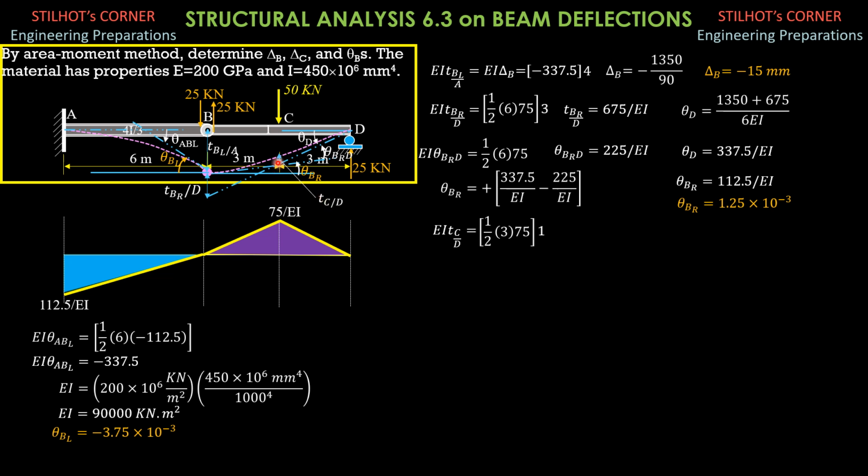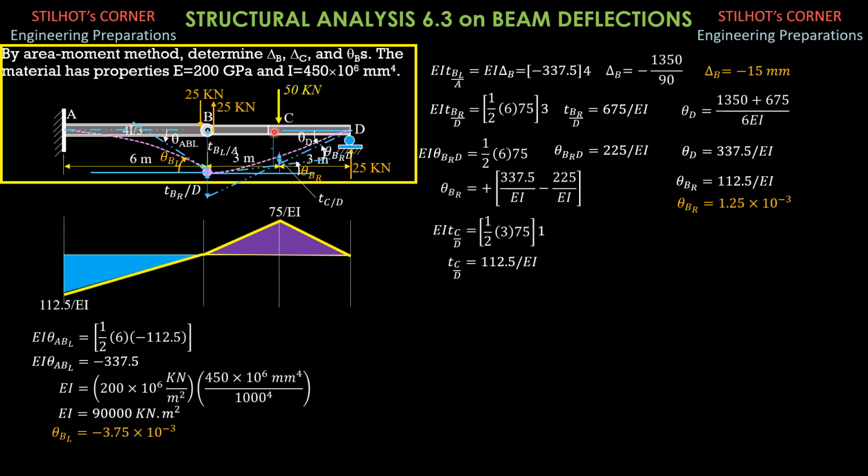The distance from the tangent at D to C is 3 times theta D as shown in the figure. And the distance from C on the beam to point C on the elastic curve is delta C, and it is negative because it is below the horizontal axis of the beam.